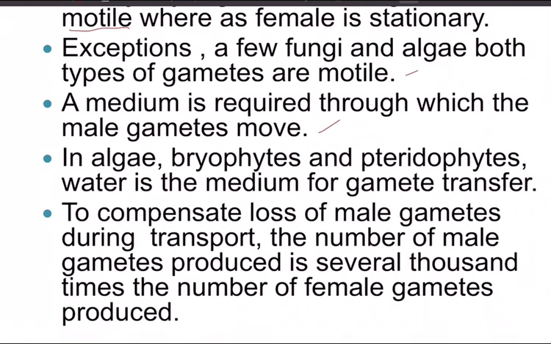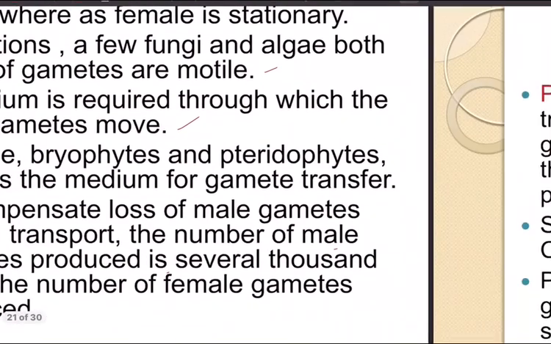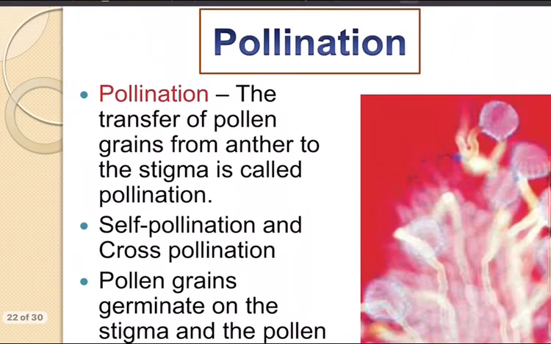Hence, to ensure fertilization, the organisms produce male gametes in large numbers so that at least some male gametes are successful in meeting the female gametes. To compensate for the loss of male gametes during transport, the number of male gametes produced is several thousand times the number of female gametes produced.